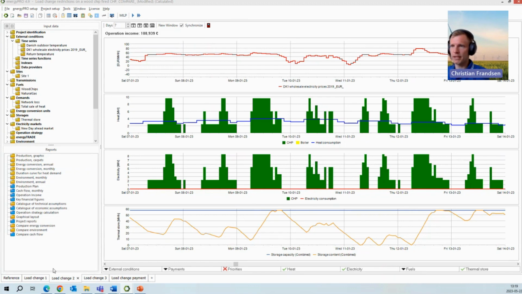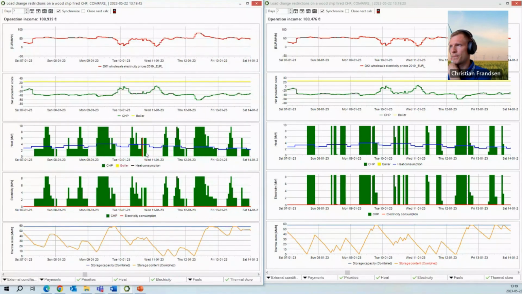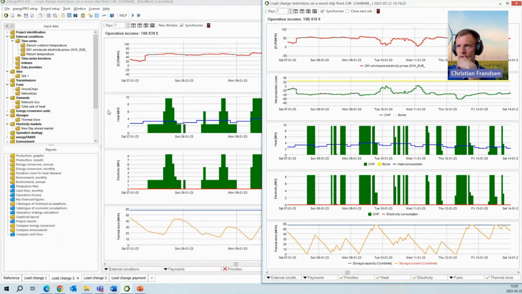So here again, we can of course try to compare with the reference. We can see that we have altered, we can see a different pattern here clearly. We can try to increase the number of minutes and see how that affects.